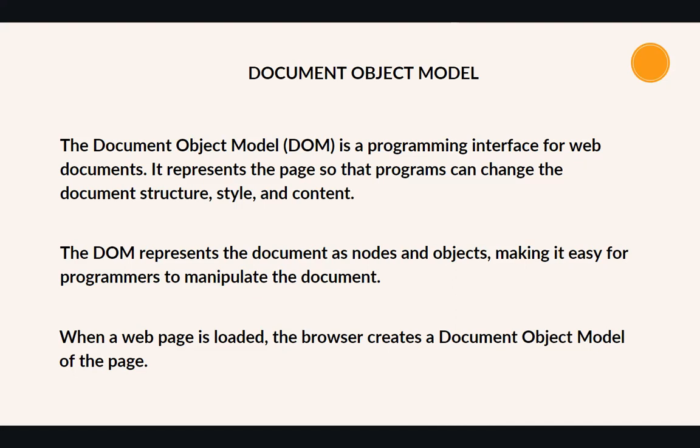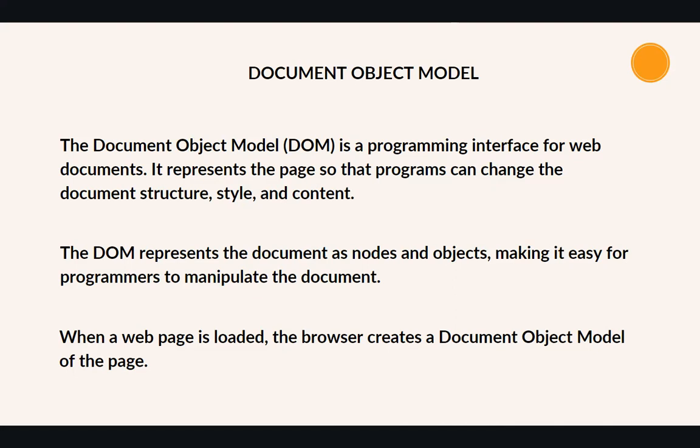So the document object model, like I said, is a programming interface for web documents. It represents the page so that programs can change the document structure and style. So when we write a program and we open it, what we see in the browser is not really our code. It's just a representation of our code, and it's represented as a document.